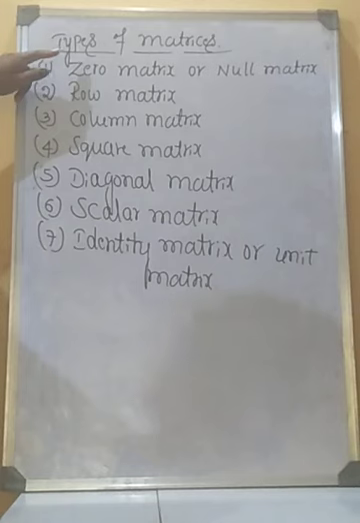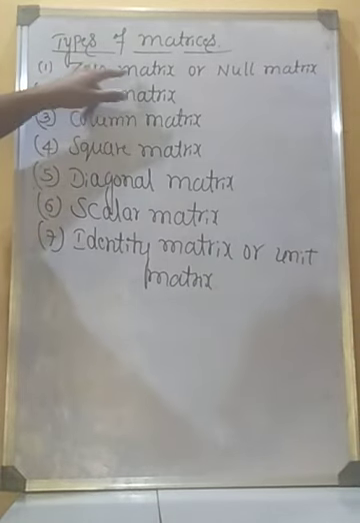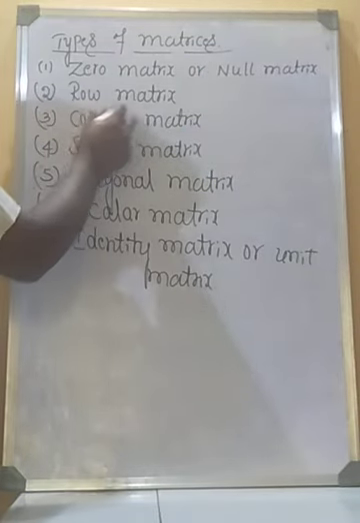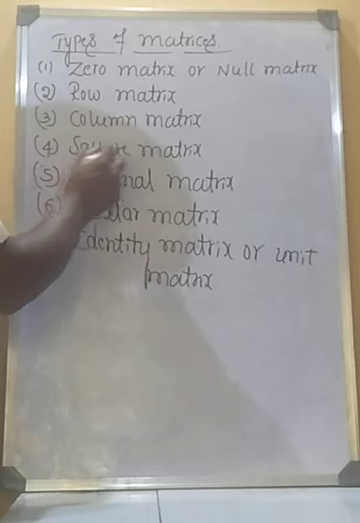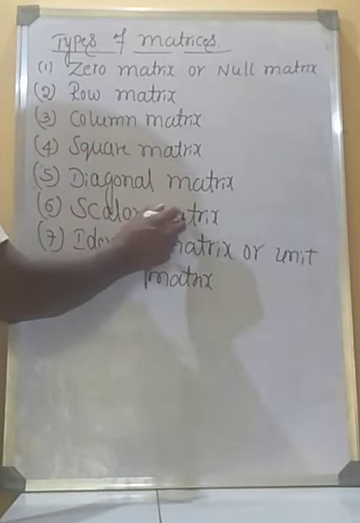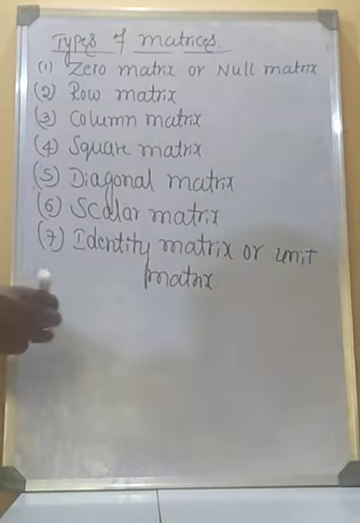So these are all the types of matrices: zero matrix or null matrix, row matrix, column matrix, square matrix, diagonal matrix, scalar matrix, identity matrix or unit matrix.